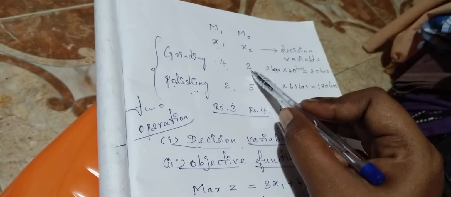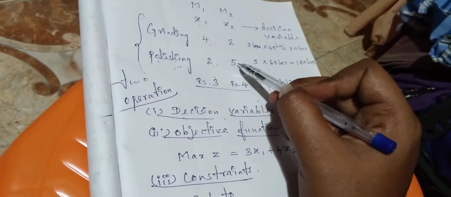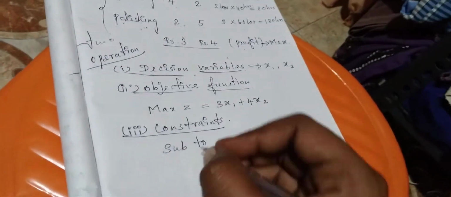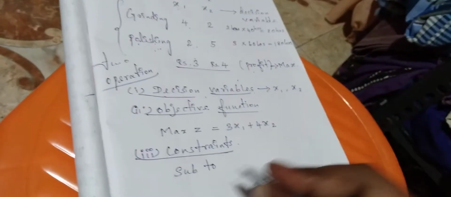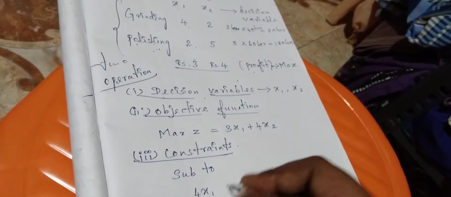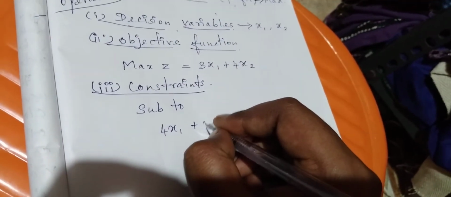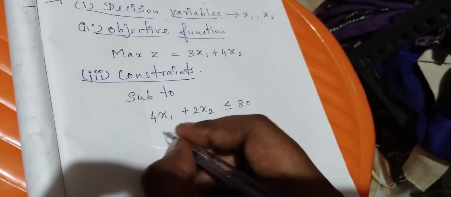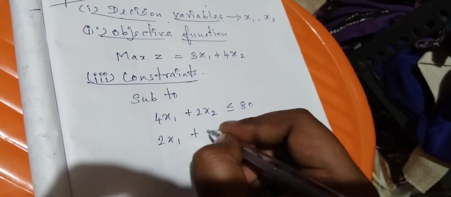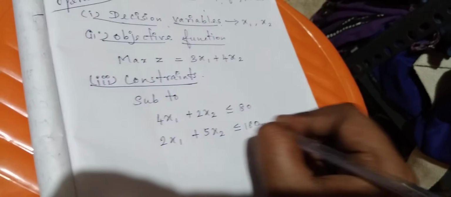These are all things you know already. 4x1 plus 2x2 less than or equal to 80. 2x1 plus 5x2 less than or equal to 180. You can translate this into equations. 4x1 plus 2x2 less than or equal to 80. 2x1 plus 5x2 less than or equal to 180.